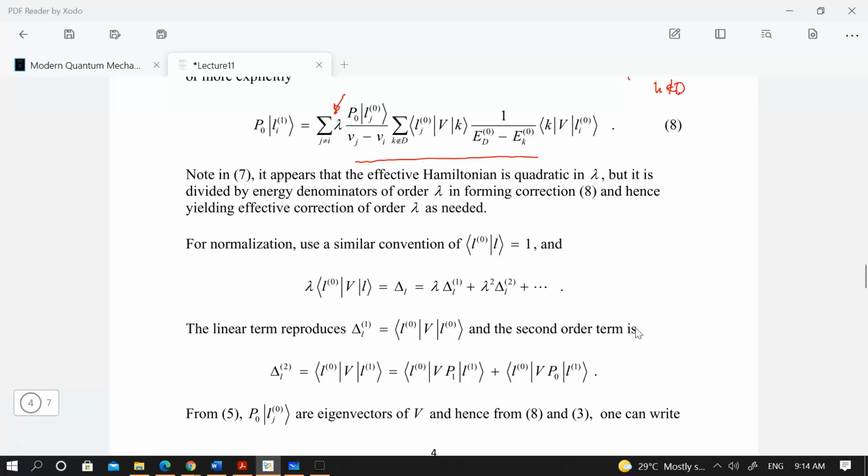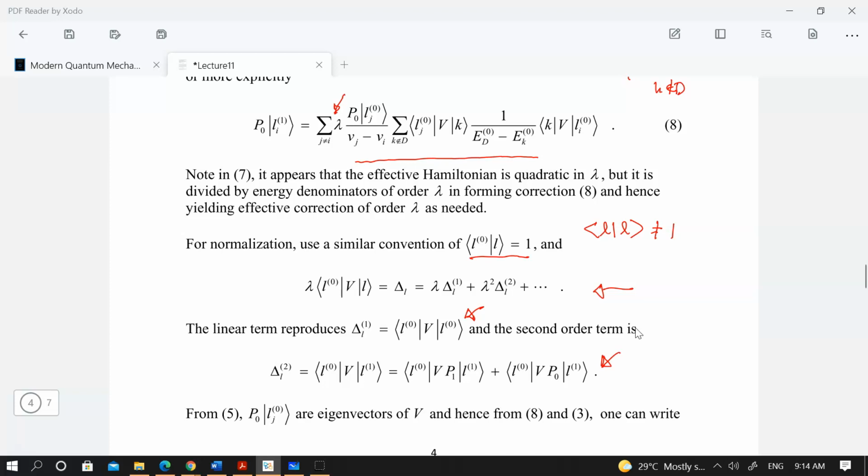Okay. So again, like before, for normalization, we set this to be equal to 1 rather than this. Okay. So this will not be equal to 1. Then what we do is use the power series again for this, and the linear term for this equation will produce back your first order shift, and then your quadratic term in lambda squared will give you this equation.